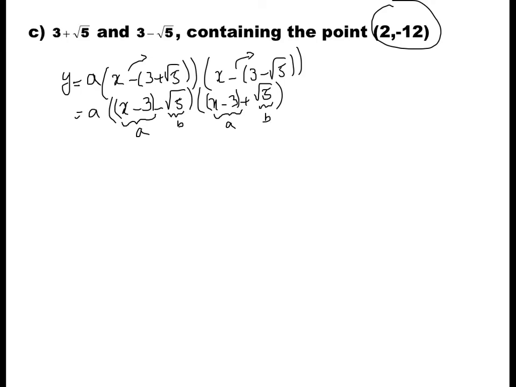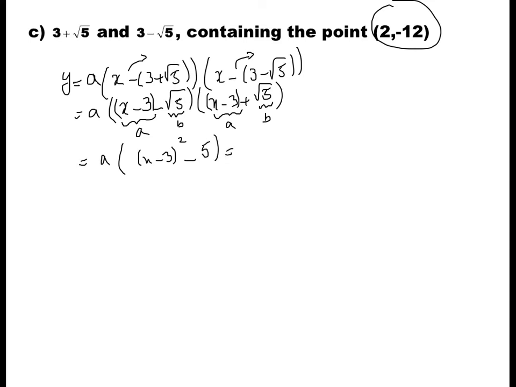Now, (a minus b) times (a plus b) is going to give you a squared minus b squared, difference of squares. So I can write this one as a, open bracket, (x minus 3) squared minus square root of 5 squared, which is going to give me 5.